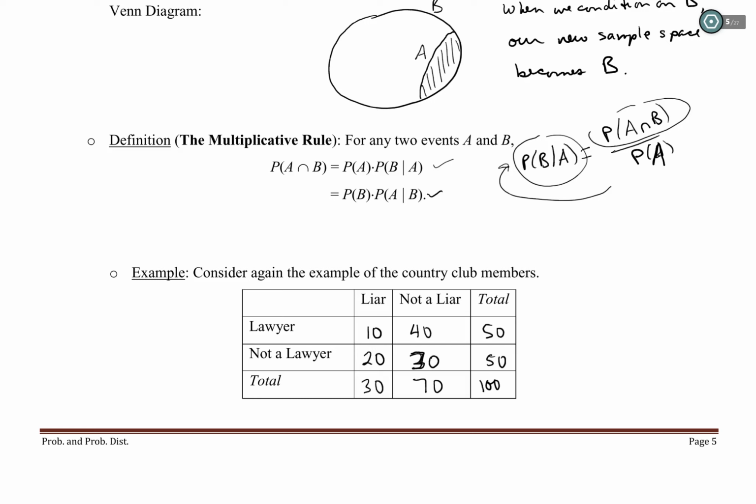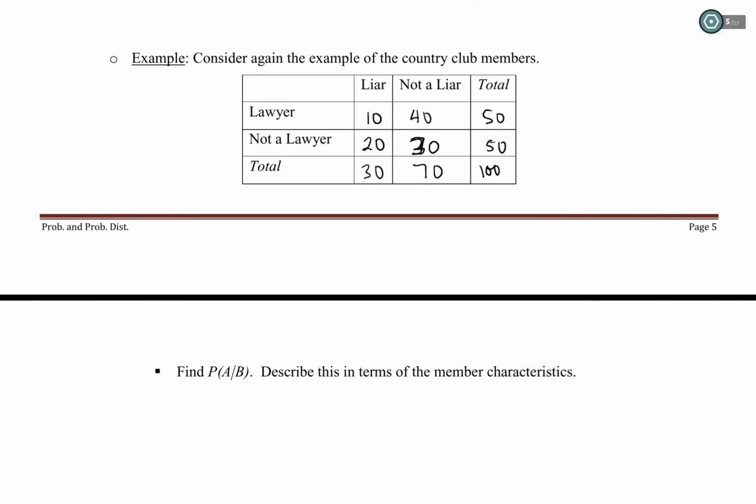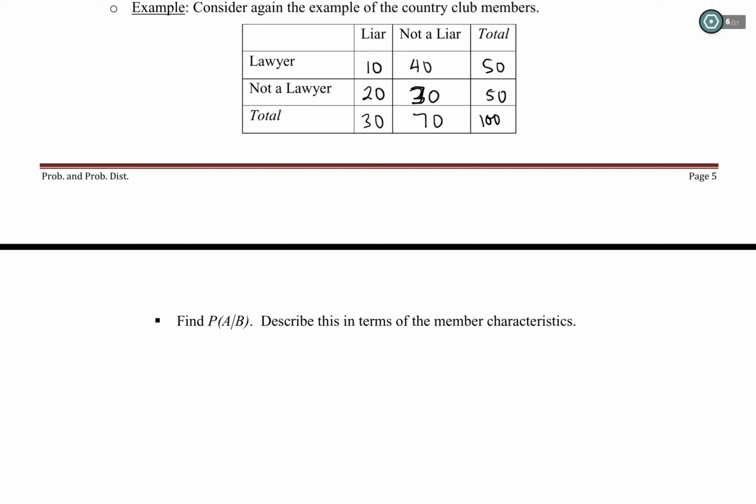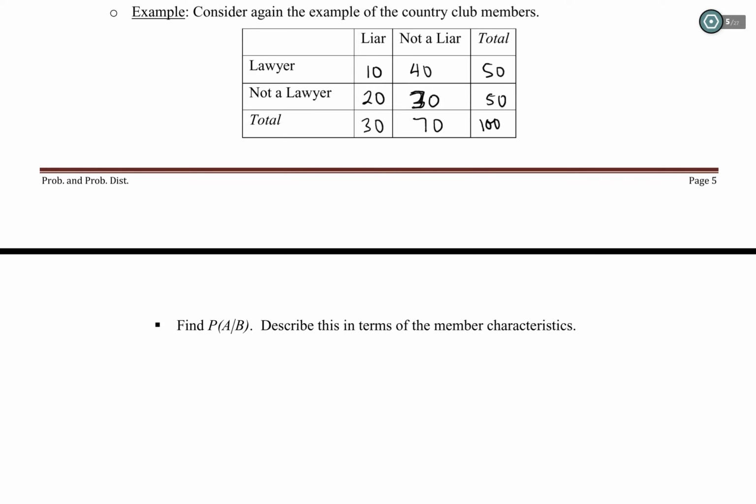Alright, so let's compute a conditional probability, the probability of A given B. If we follow the conditional probability rule, P of A given B would be P of A intersect B divided by P of B. This intersection probability we've already computed.